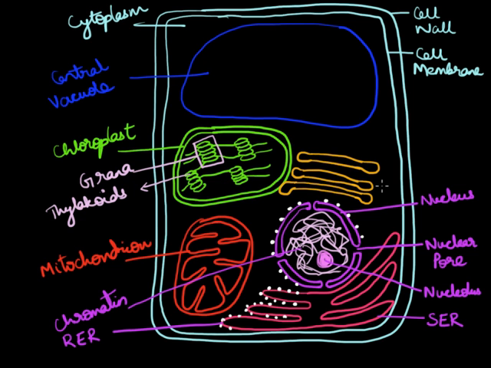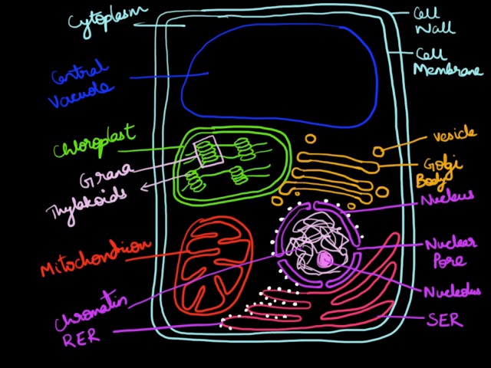Along with the Golgi body, some vesicles are also seen associated with it. We'll just draw some circles, some small ones and some big ones, and some medium sized ones. This is the Golgi body. This is the vesicle. Okay.